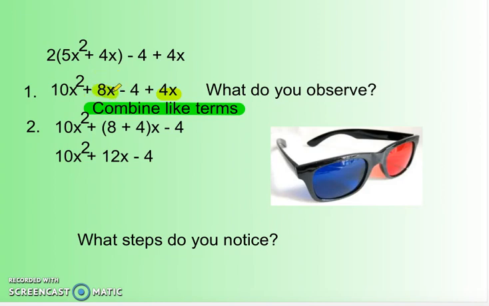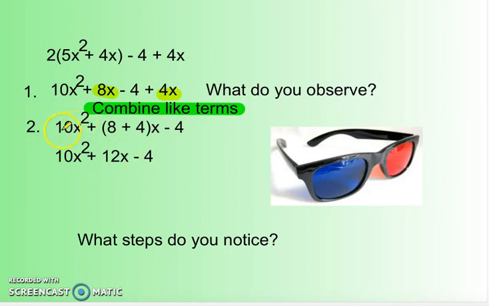Remember, the way we put them together is we look at what's in front of it. This is kind of like a positive 8, so we put 8. And over here, it's a positive 4. So we are just adding them together, 8 plus 4, and notice we get 12. The x just remains with that term.